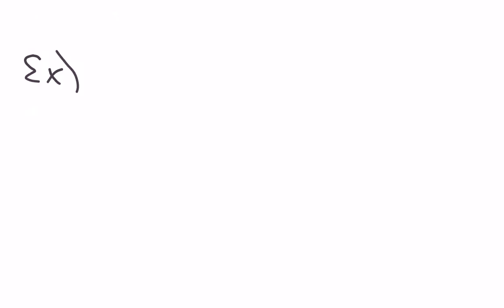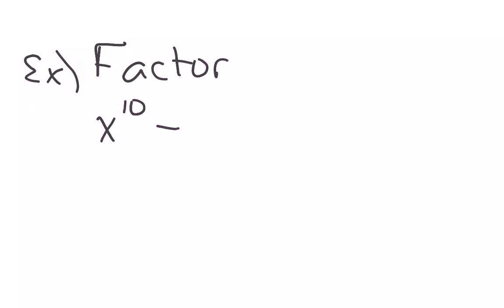Next example, we want to factor again x to the 10th minus y squared. So still looks very similar to what we just did. That middle term is missing. So we have to think what times itself would give me x to the 10th.